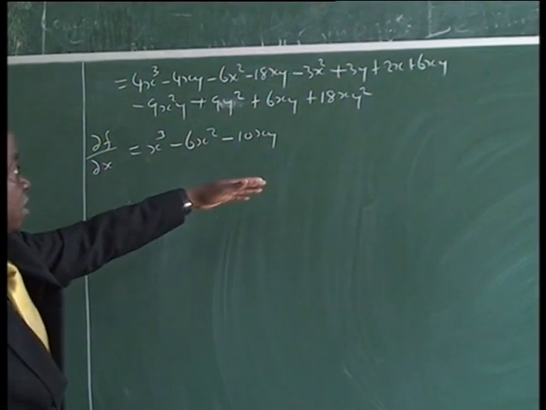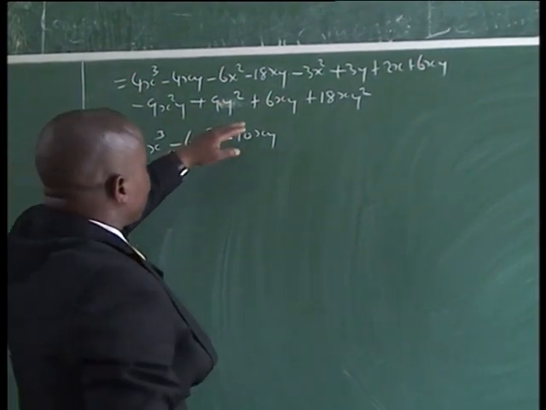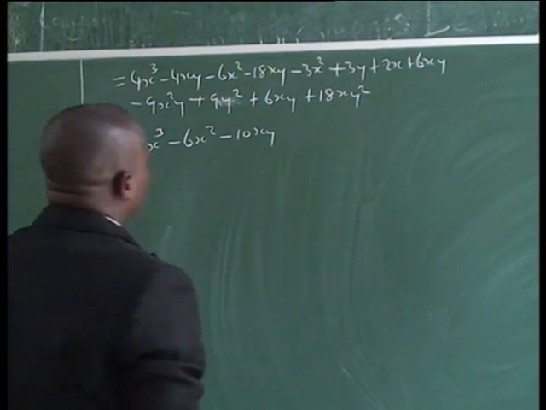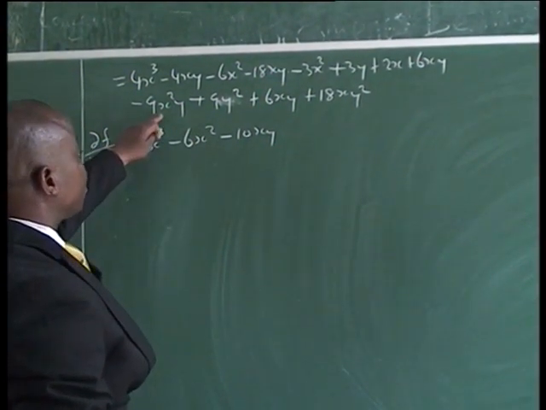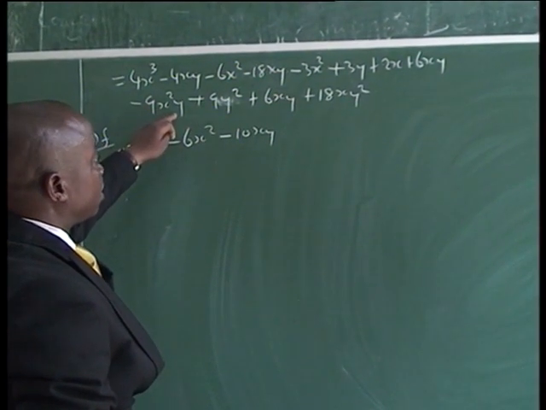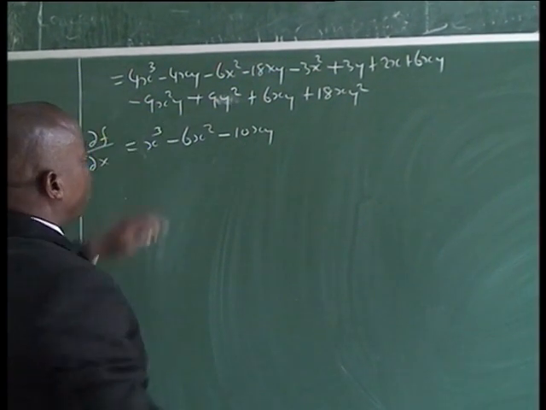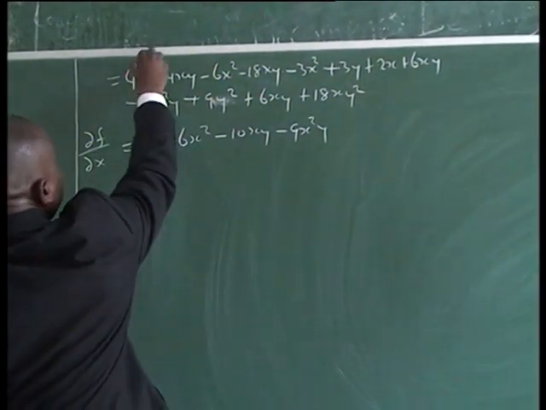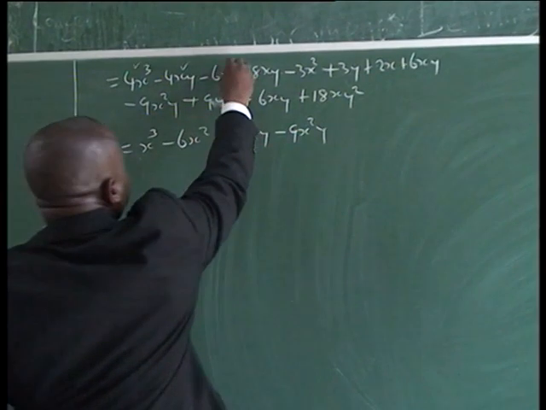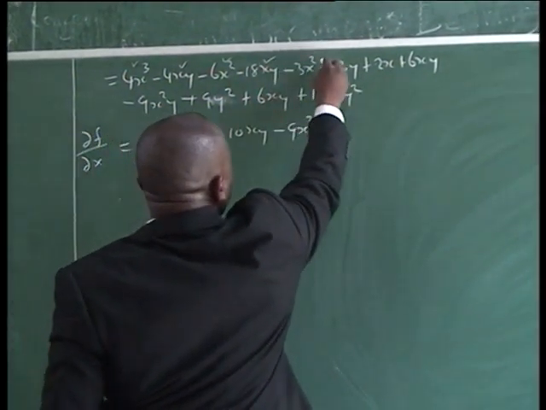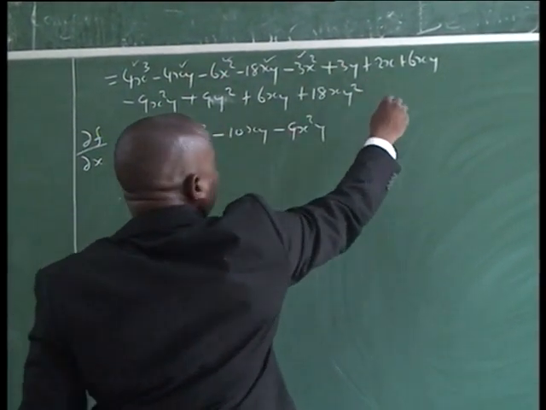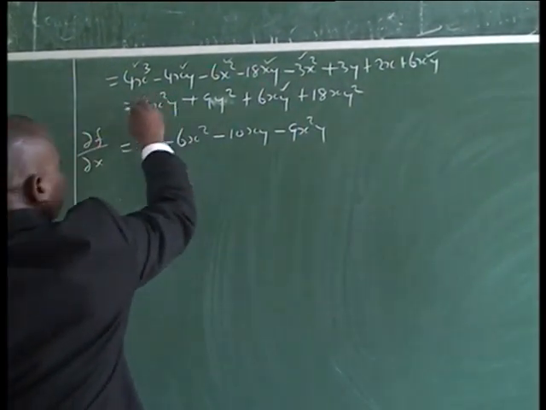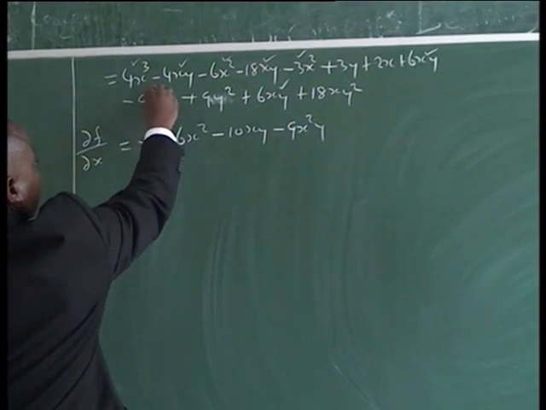So xy has finished. Now, let's go again for minus 9x squared y. Yes, this is the only x squared y we have. So we have minus 9x squared y. So we are done with this, and this one also.